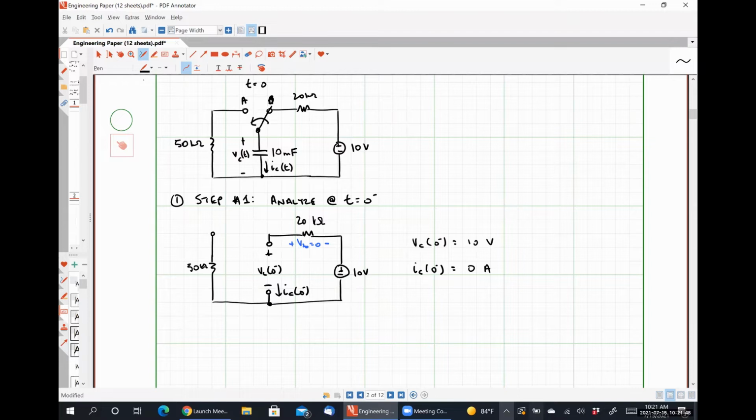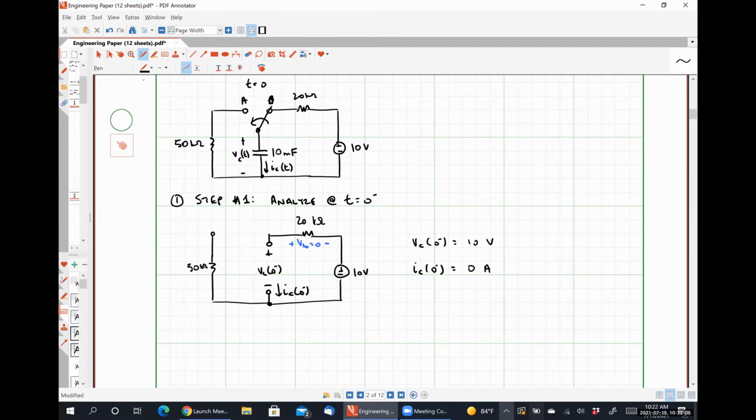So I believe we have completed our circuit analysis at t equal to 0 minus. If there are any questions, I'd be happy to answer them. If not, we'll move along and look at the circuit at t equal to 0 plus.